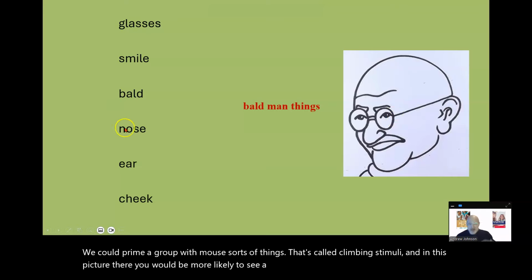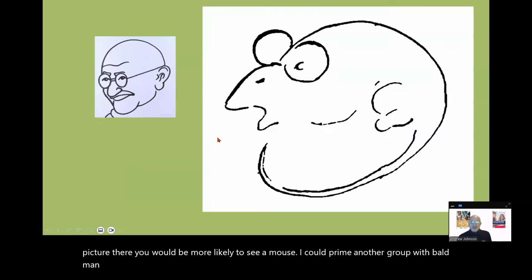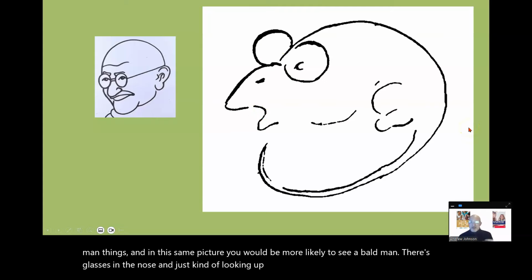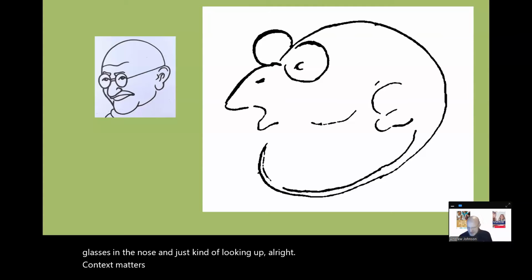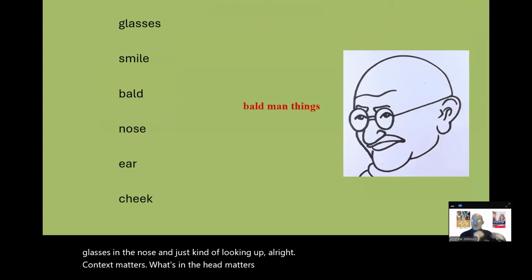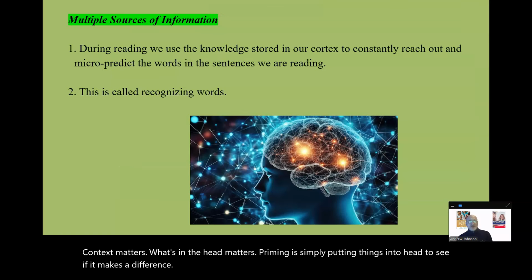I could prime another group with bald man things, and in this same picture, you would be more likely to see a bald man. There's glasses on the nose, he's kind of looking up, all right? Context matters, what's in the head matters. Priming is simply putting things into the head to see if it makes a difference, and it does.